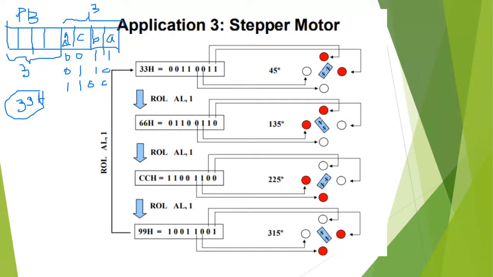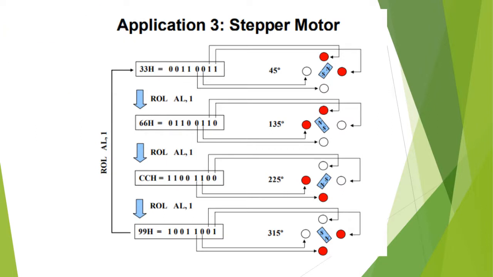Why do we send 3 here? Because for the second step, look here, let me write it again.